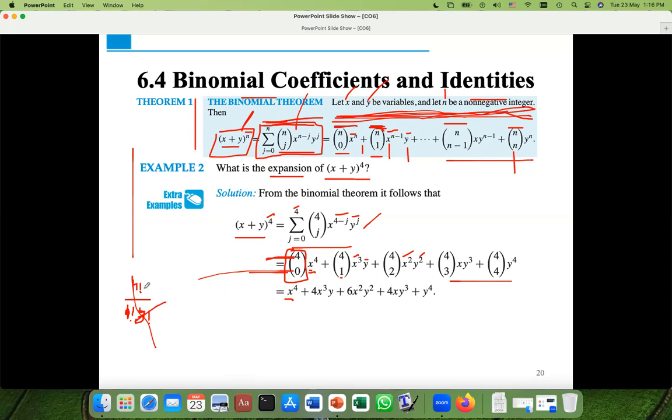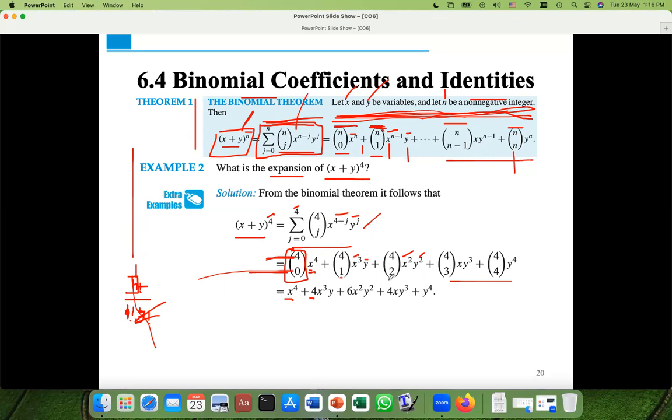That 3 factorial will be cancelled with this 4 factorial, and only 4 will remain here. 4 factorial is 4 multiplied by 3, multiplied by 2, multiplied by 1. So 3 to 1 will be cancelled with this 3 factorial, and only 4 will remain here, which you are seeing here.